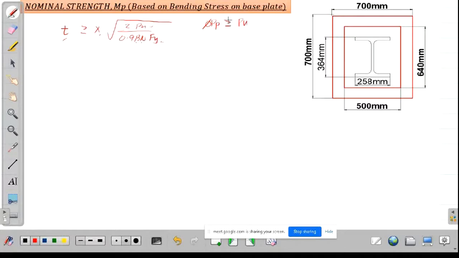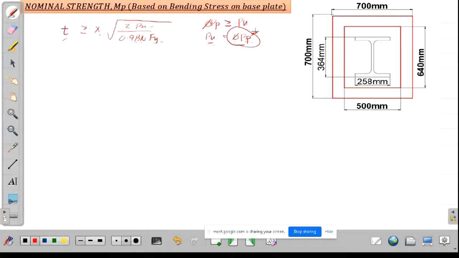So our PU here is equal to PP. PU is equal to PP. And then our PP, okay, so our PU is equal to this. So this is what we are looking for, the design strength.